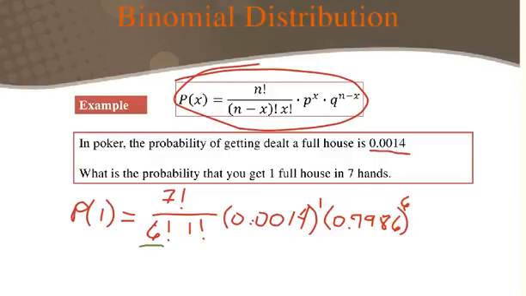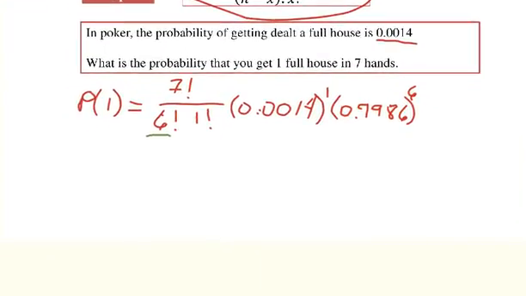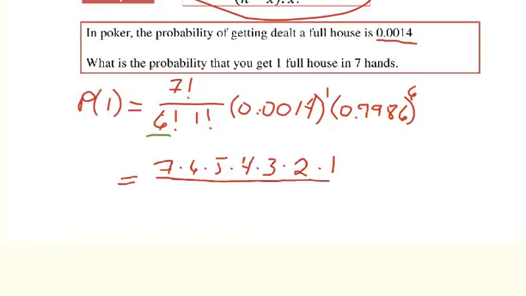So plugging all this into the calculator, or rather, let me write this out. This would equal 7 times 6 times 5 times 4 times 3 times 2 times 1. That's 7 factorial.